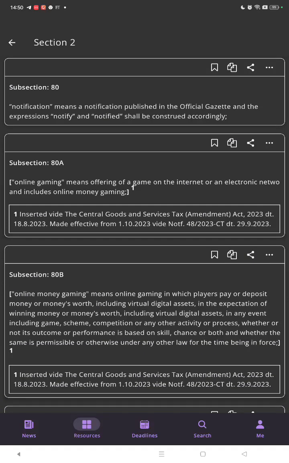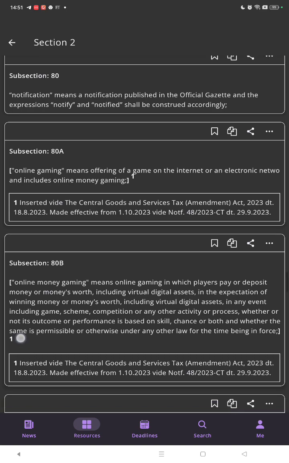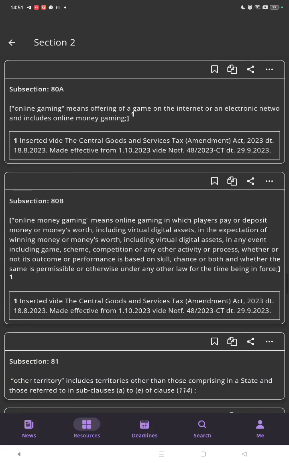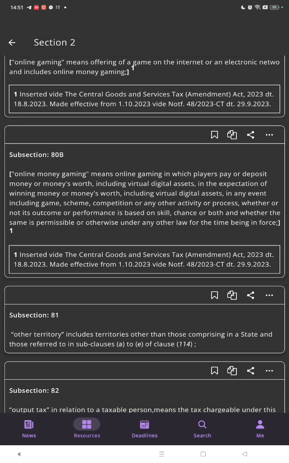Subsection 80A. Online games means offering of games on the internet or electronic network and includes online money gaming. Inserted vide the Central Goods and Services Tax Amendment Act 2023 dated 18/8/23, made effective from 1/10/23. Subsection 80DAB.